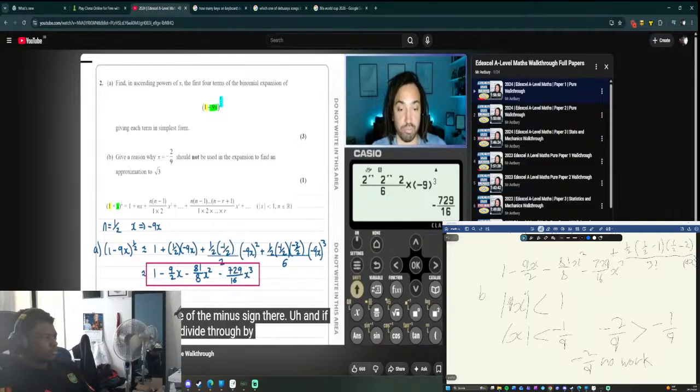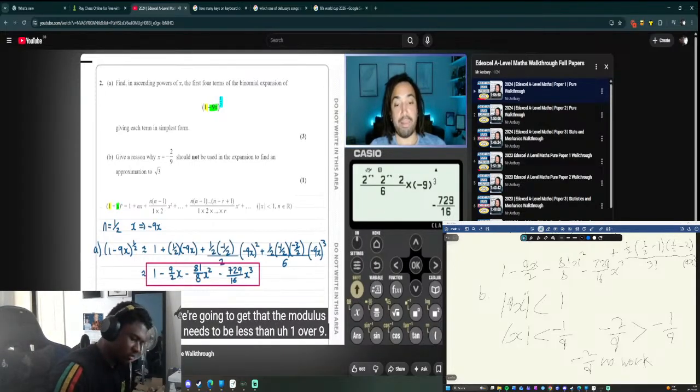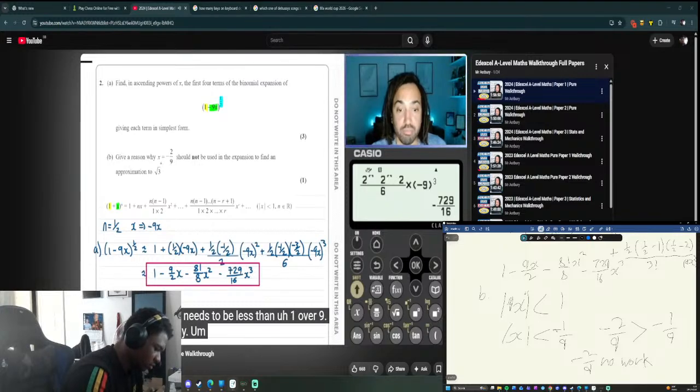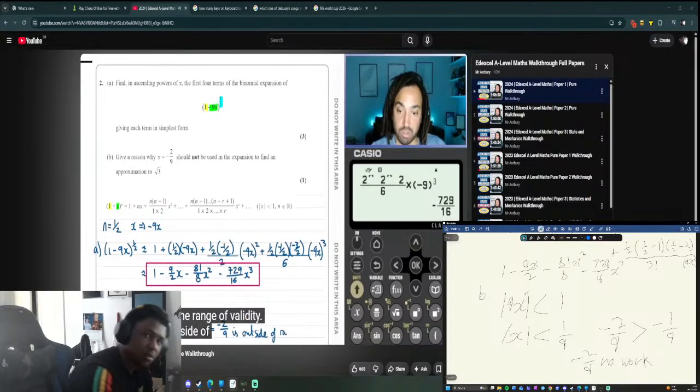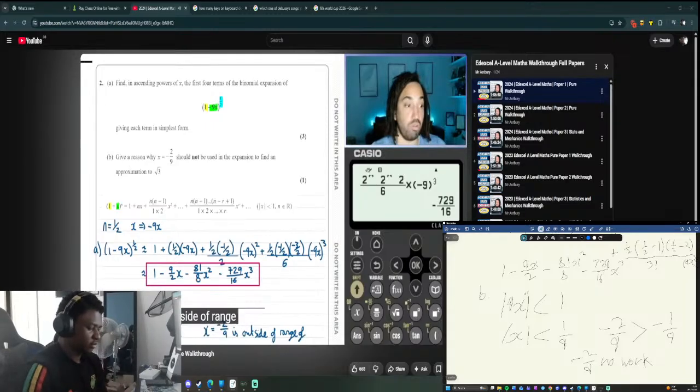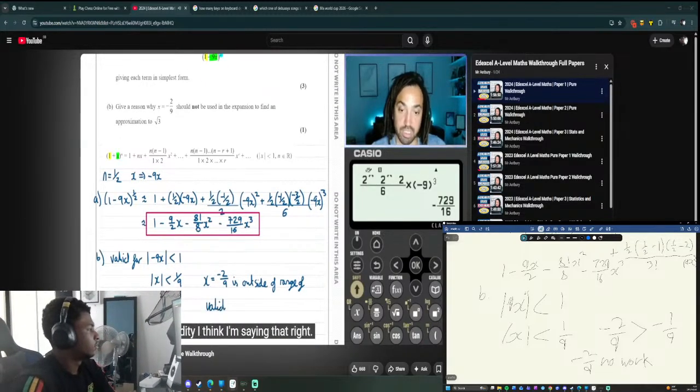And if we divide through by 9, we get that the modulus of x needs to be less than 1/9. So in this case, x equals -2/9 is outside of the range of validity.